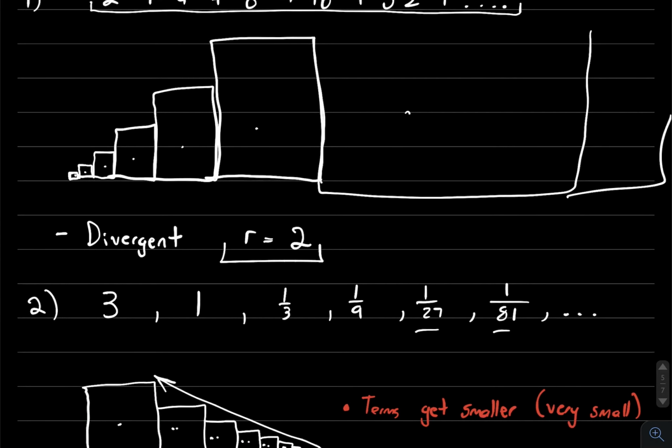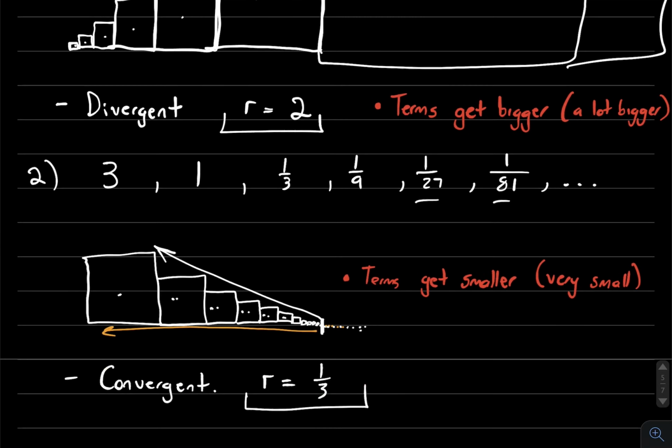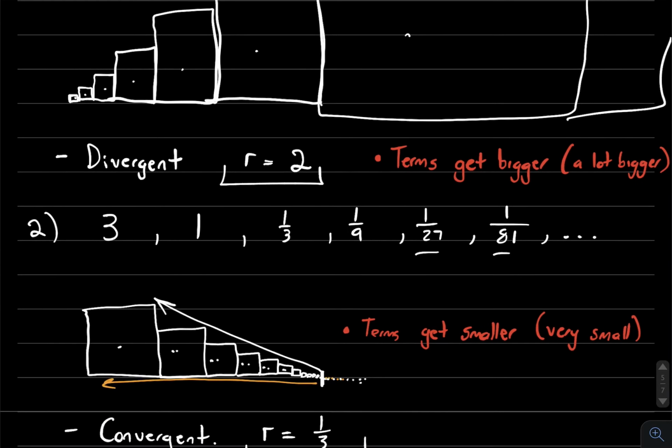Then what's the property of a divergent geometric series? It's that the terms get bigger, a lot bigger. Okay, and when we say bigger, we're not talking about the signs. We're ignoring negatives and positives. We're just looking at the number straight, absolute value.